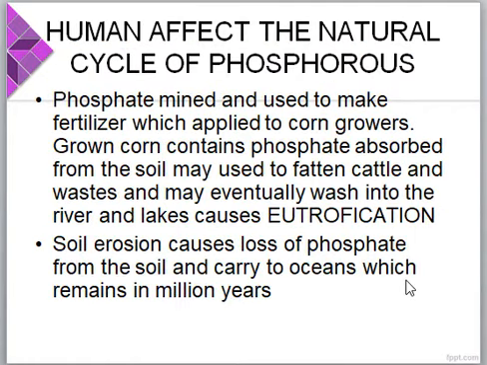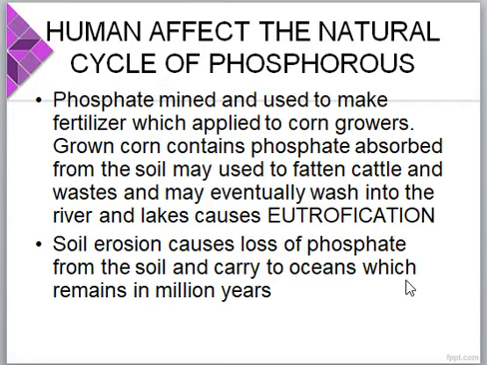Now, what are the human activities that affect the natural cycle of phosphorus? Phosphate is mined and used to make fertilizer, which is applied to corn growers.